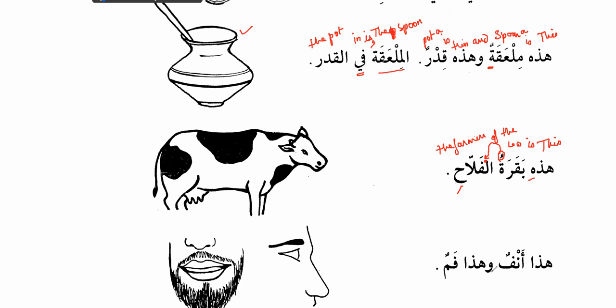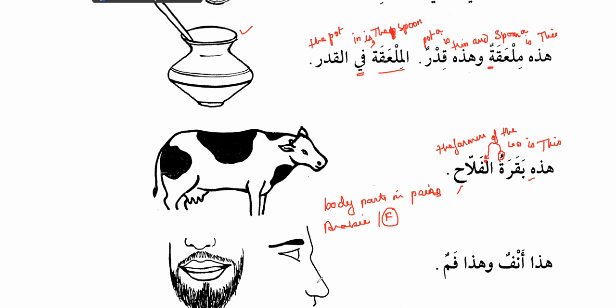Hadha anfun wa hadha famun. Now there is a very important thing here to learn, why hadha is used for anf and fam. Body parts in Arabic are considered to be feminine. Okay, those which are in pairs are considered to be feminine.